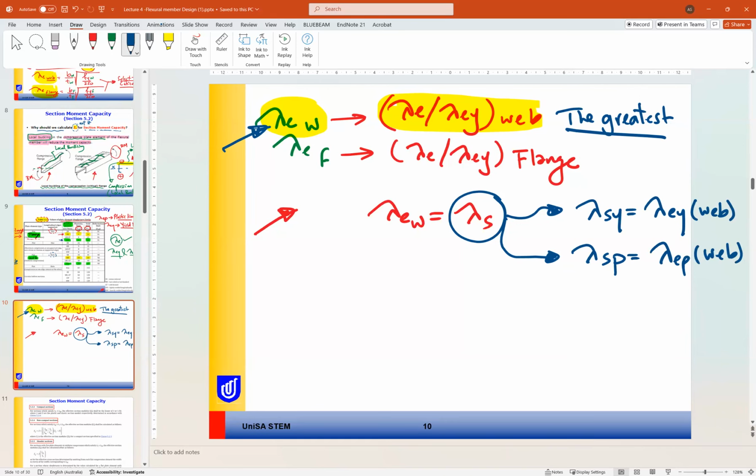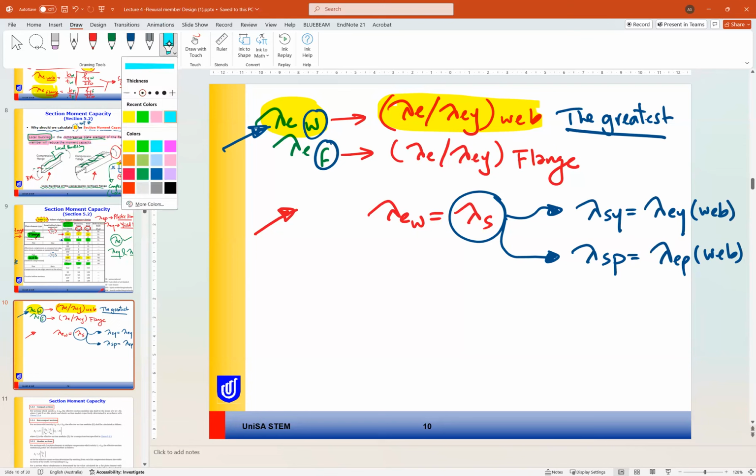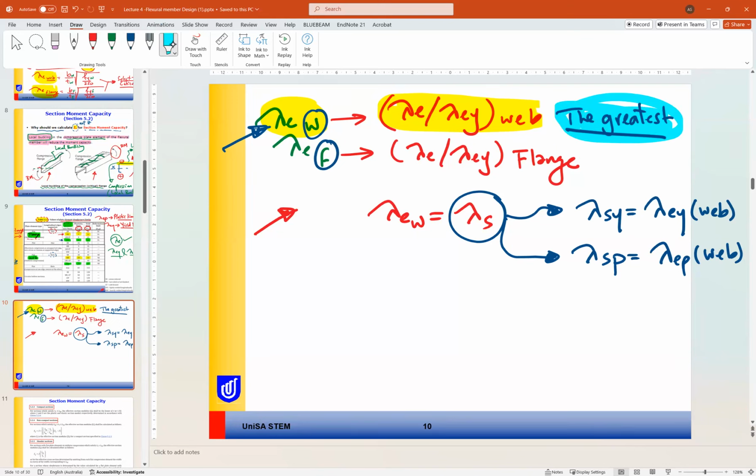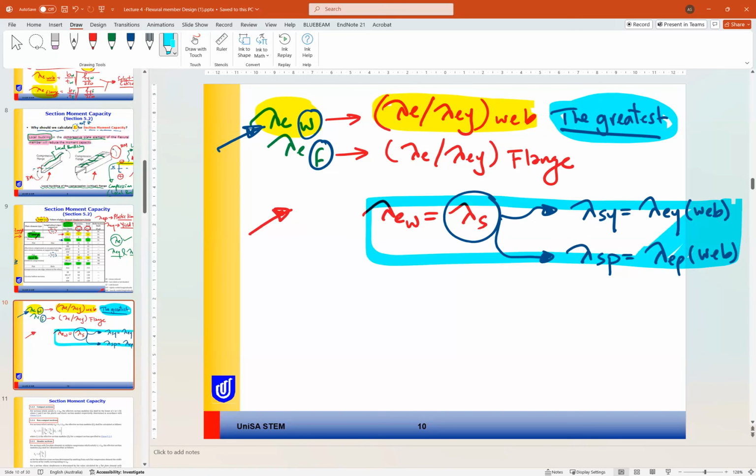So the idea is we have two members, web and flange, and we need to work on one of them. Which one? The one with the greatest ratio of lambda E over lambda EY. Then we will use this value to decide if the section is compact, non-compact, or slender.